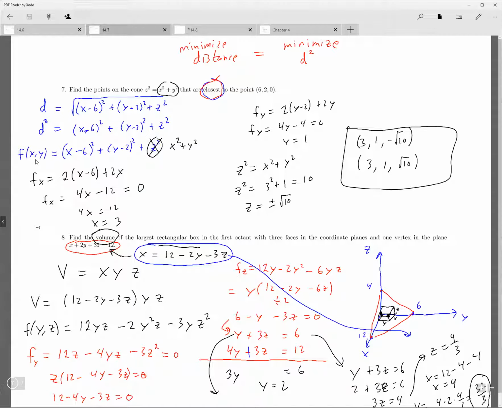The function you're trying to minimize would be f of x, y, z with this z squared right there. But instead of using Lagrange multipliers, we just substituted in and reduced this down to a function in 2 variables instead of 3 variables. Okay.